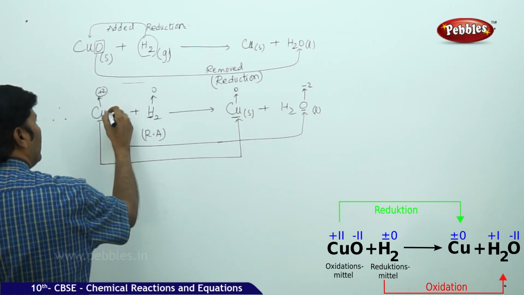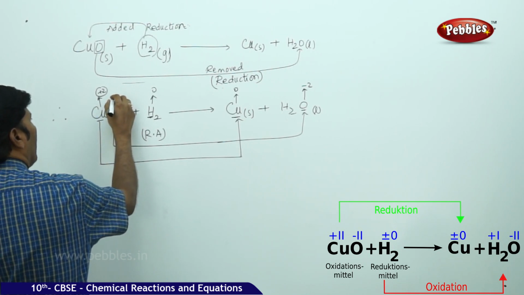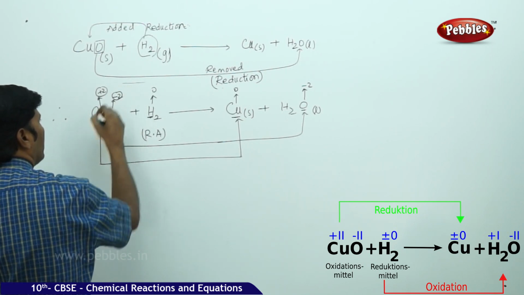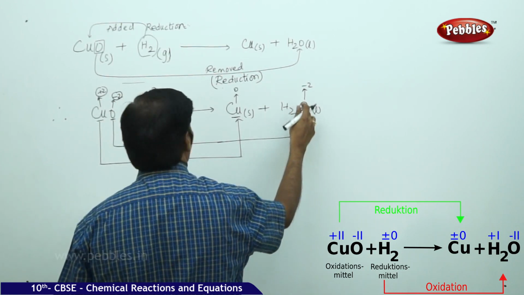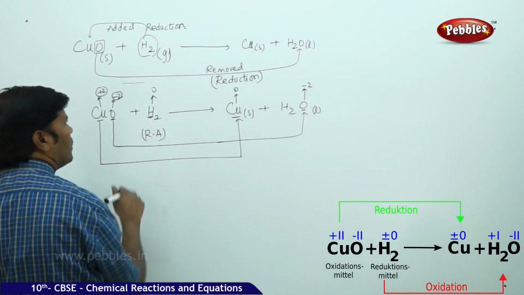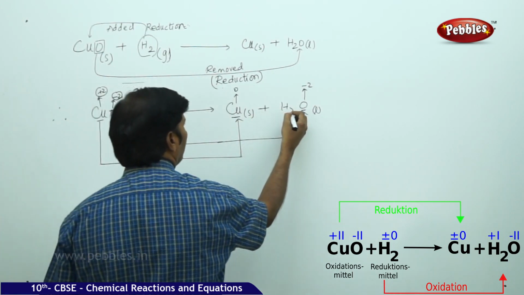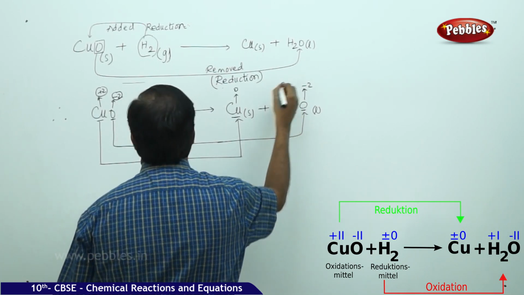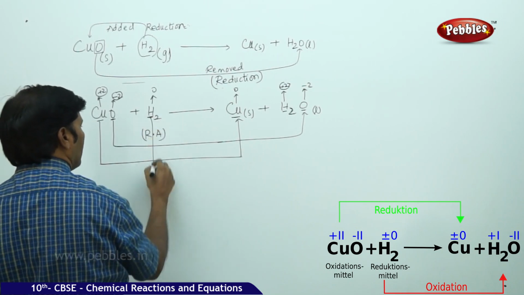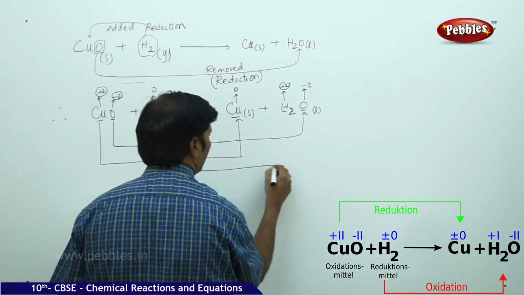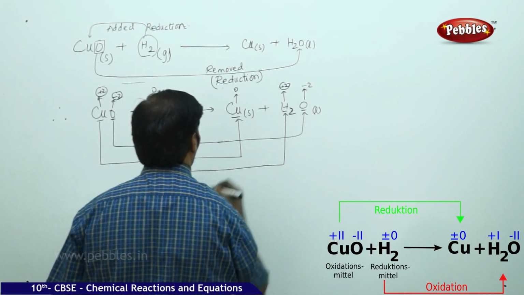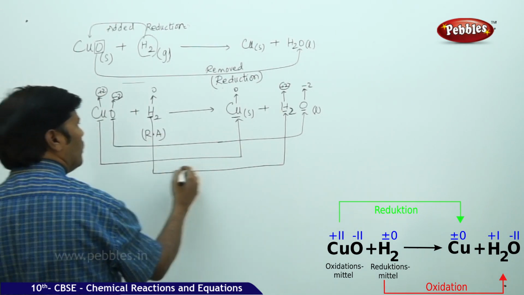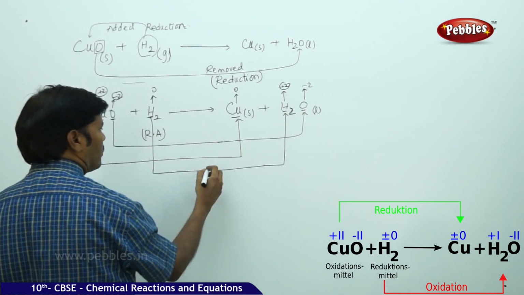From oxygen, here in cupric oxide, oxygen is -2 oxidation number, and here oxygen is -2, so there is no change in the oxidation number. But if you take hydrogen, it is +2. So again, from 0 to +2, it is oxidation.